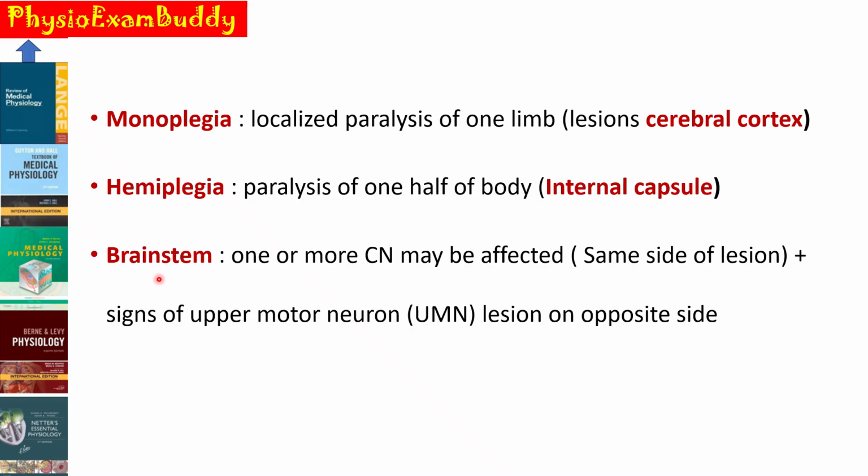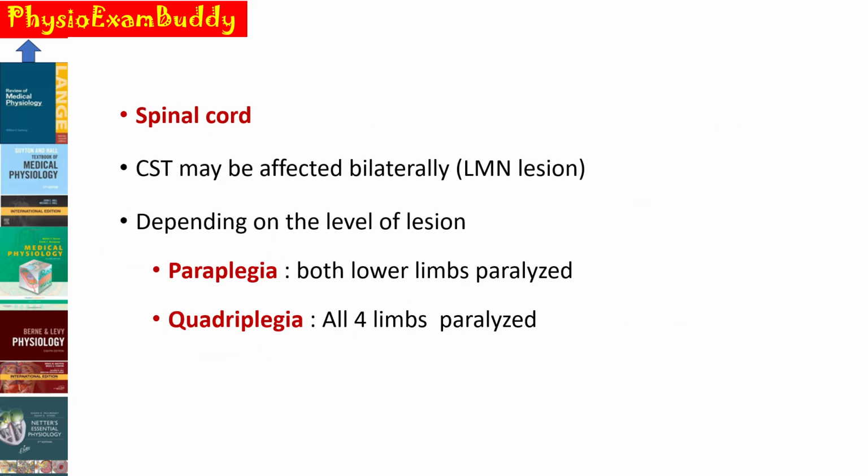If the lesion occurs in the brain stem, that is midbrain, pons as well as medulla, here along with the pyramidal tract, one or more cranial nerve nuclei can also be affected. That is cranial nerve nuclei producing same side of lesion, whereas you can also get the signs of upper motor neuron lesion on the opposite side.